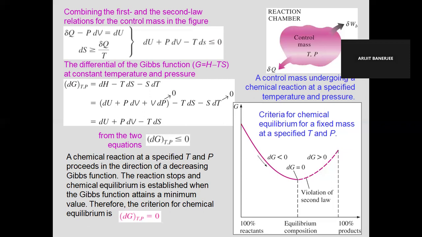So from thermodynamics, from the second law, these are the conditions that we have seen. And beyond this, there is violation of the second law. As we can see, the dashed lines indicate a violation of the second law. That means for this situation, which is the general one, where dG is positive, it is not possible, as that violates the second law.